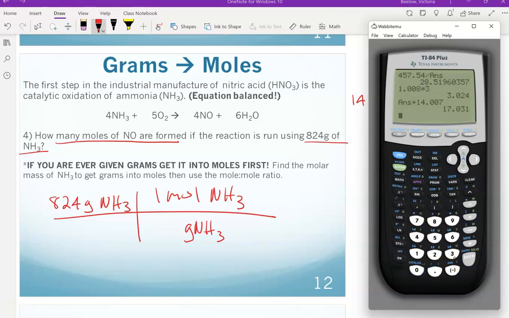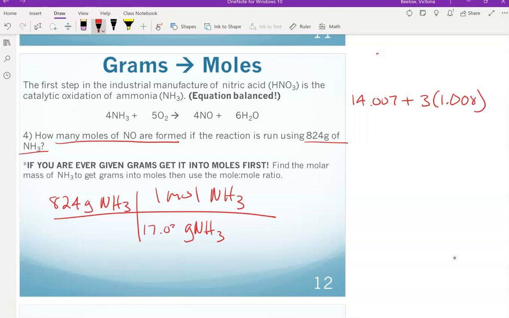So that is 17.031 grams. And I'm going to convert that into moles of NH3. However, I need my final answer in moles of NO, which is nitrogen monoxide.